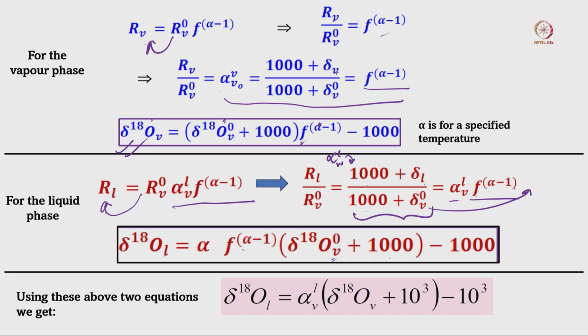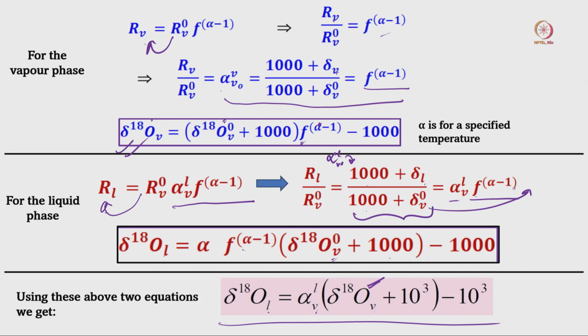So, what I am going to do is rearrange and rewrite, and I get to this equation where delta 18O of liquid is equal to alpha LV, in brackets delta 18O of V plus 1000, and the whole thing minus 1000. So, from here I can calculate my vapor 18O if I am not aware of it, and I can go on calculating all the other unknown parameters one by one.